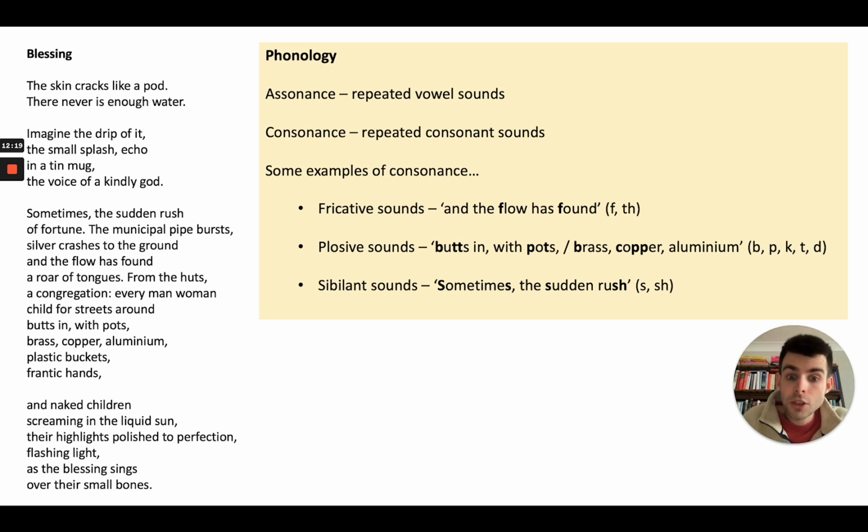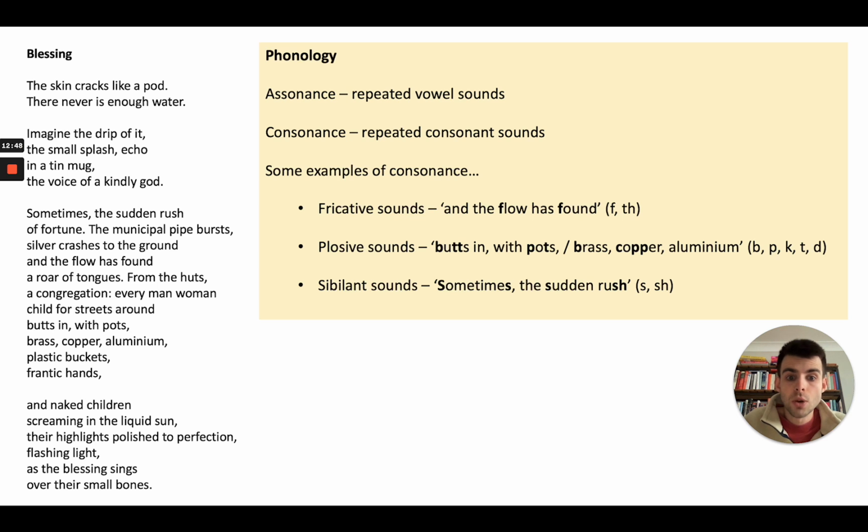Sibilant sounds, so sh, and of course, you've got to apply it to the poem. What do you think that sound is contributing to? Often the answer will be in the language of that line. So in this one, sometimes the sudden rush is talking about the water, which hasn't yet happened in the poem, but the municipal pipe bursts.